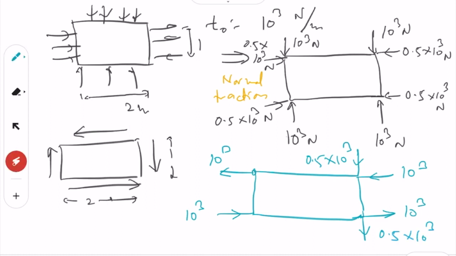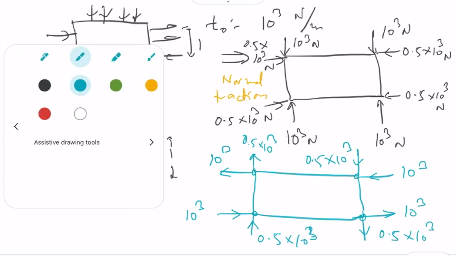This one here goes up and up. So we have like this. So this is again 0.5 times 10 to power 3, 0.5 times 10 to power 3.